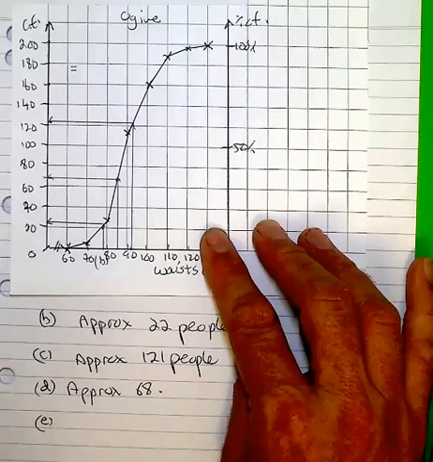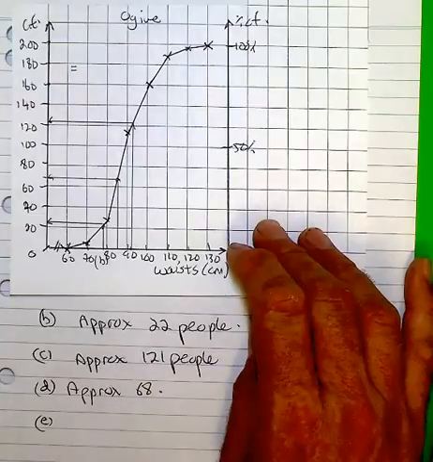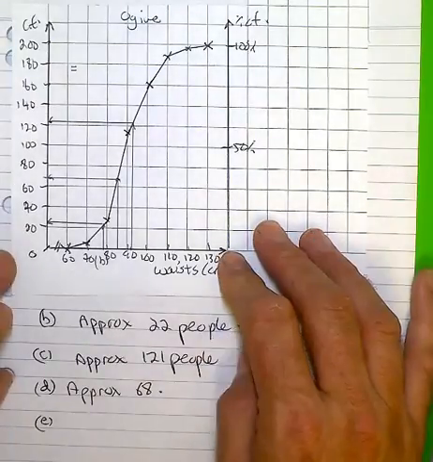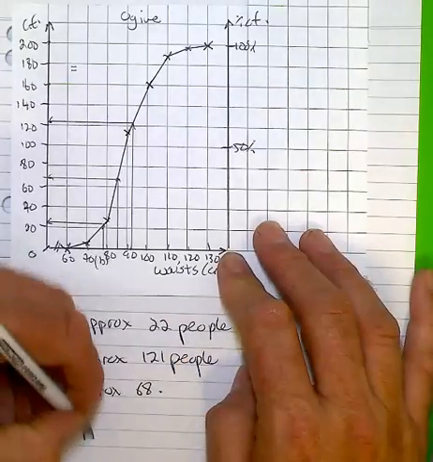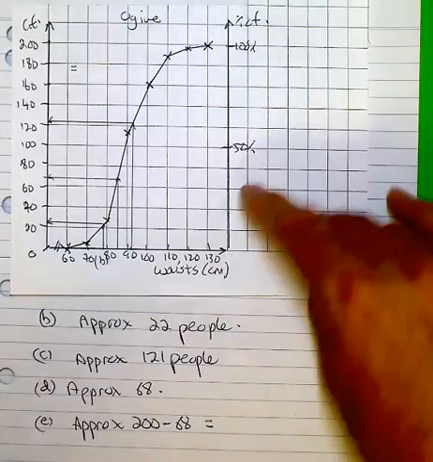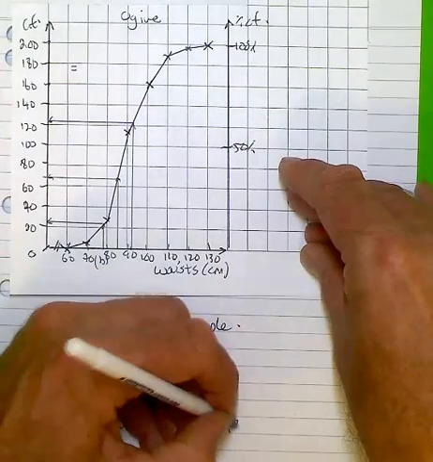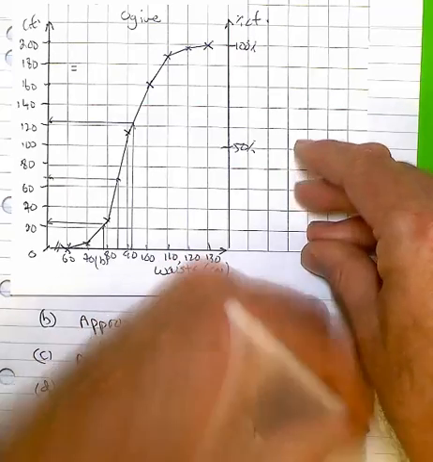For part E, what I've got to do now is have a look at the situation, and what I'll see is that I want the opposite of that. Now there were 200 people, so approximately 200 less than the 68 I estimated, so there'll be 132 people greater than 86 centimetres.